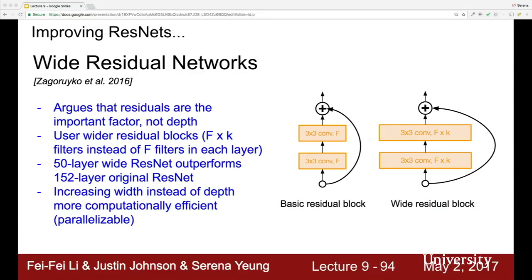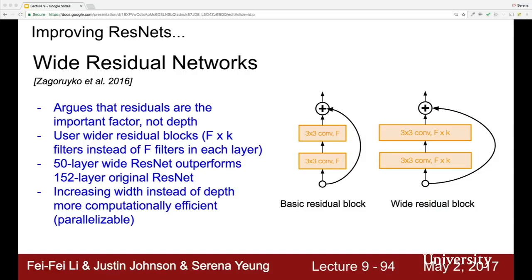Before, we might have F filters per layer, and they used a factor of K and said in every layer it's going to be F times K filters instead. Using these wider layers, they showed that their 50-layer wide ResNet was able to outperform the 152-layer original ResNet, and it also had additional advantages.